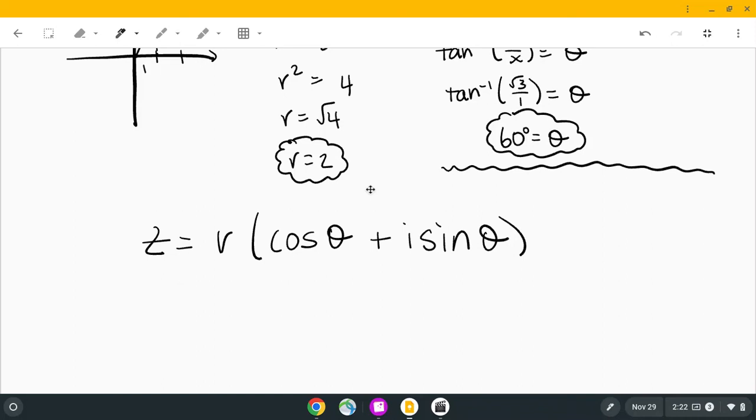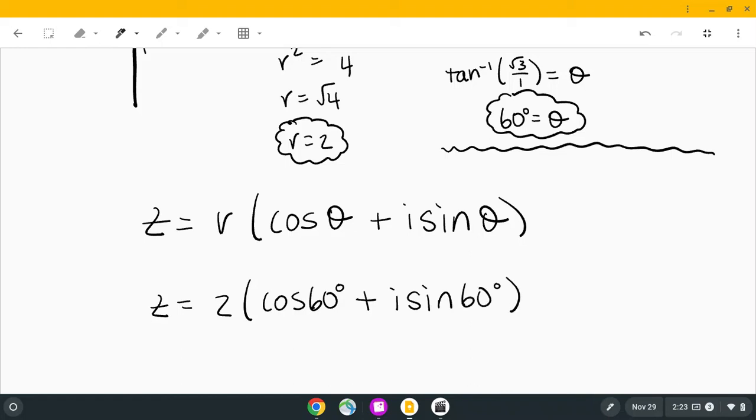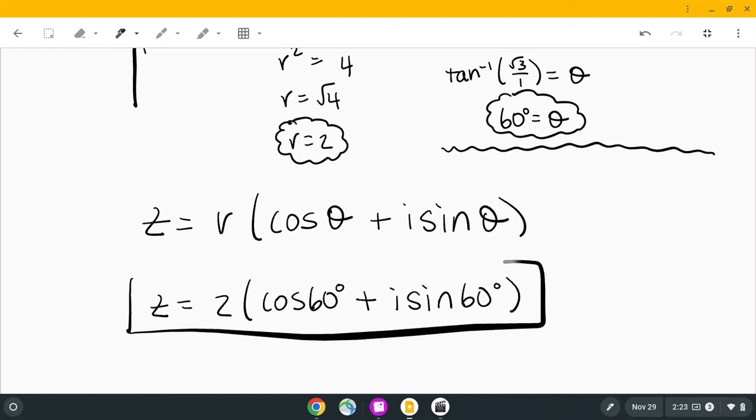So we only need to replace the r and the theta with what we find. Our final answer is 2 times cosine 60 plus i sine 60. And that's it. You only need to find r and theta, and you can write the trig form.